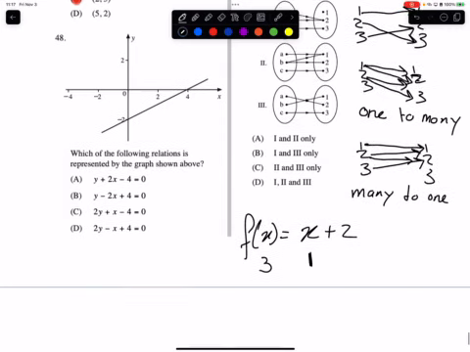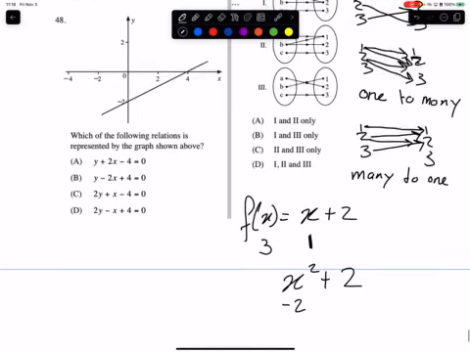Now, what if you have x squared plus 2? Then you can see you have 2 to 1, because negative 2 gives the same answer as 2. So you have many to 1.